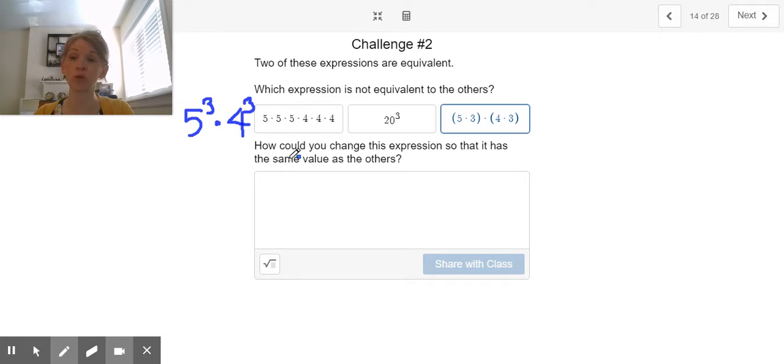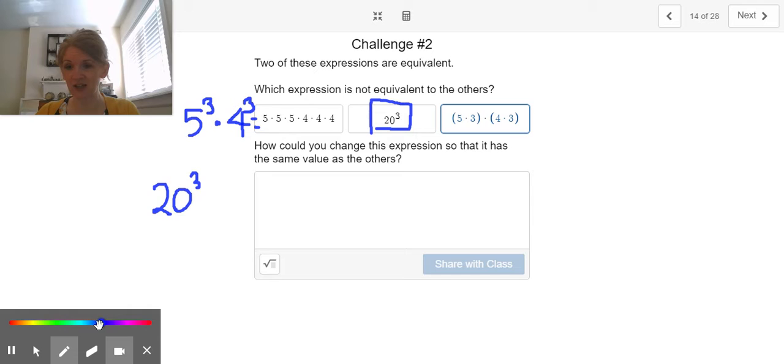Well, we learned a rule that if you have different bases but the same exponent, you can multiply the bases, 20, and keep the exponent the same, 20 to the power of 3. Hey, that's what this one is. So that tells me that by process of elimination, this is not equivalent.